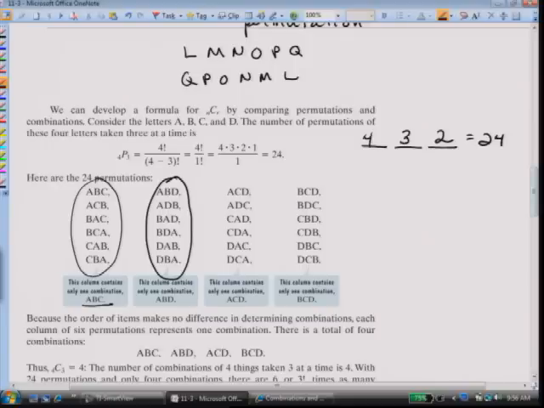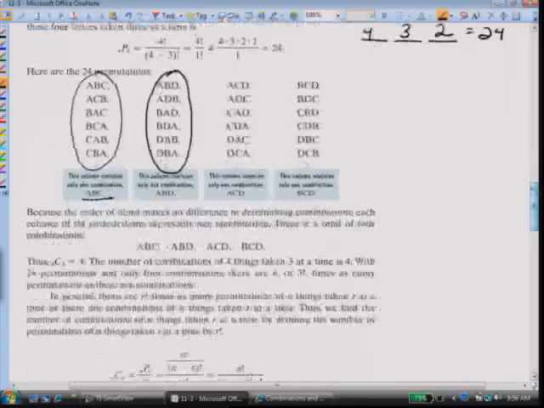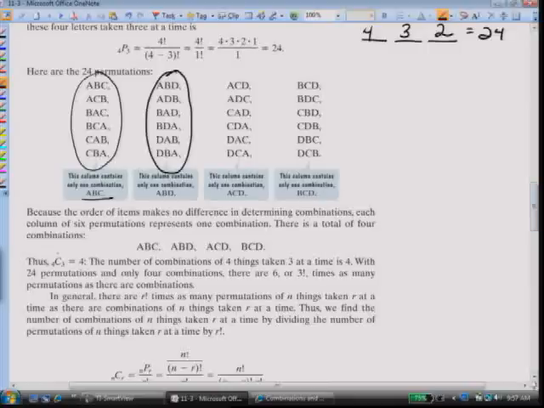Okay? All right. So if we were going to use that same notation as the permutation notation, it's 4 combinations taken 3 at a time. 4 choose 3 combinations is actually 4, because that was the answer. So the number of combinations of 4 things taken 3 at a time is 4.